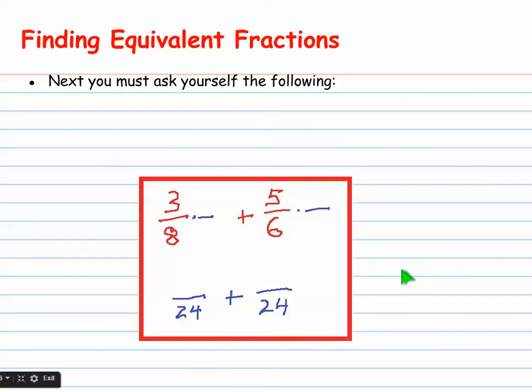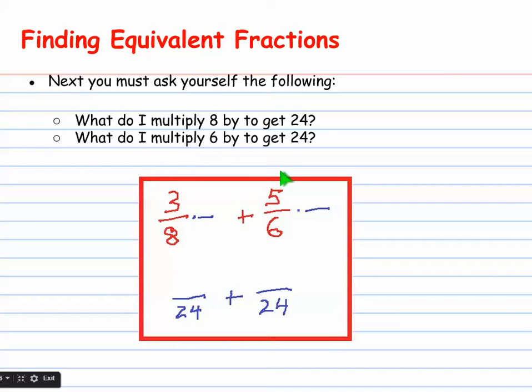Next, you must ask yourself the following question. What do I multiply 8 by to get this common denominator? Then, what do I multiply 6 by to get this same denominator?